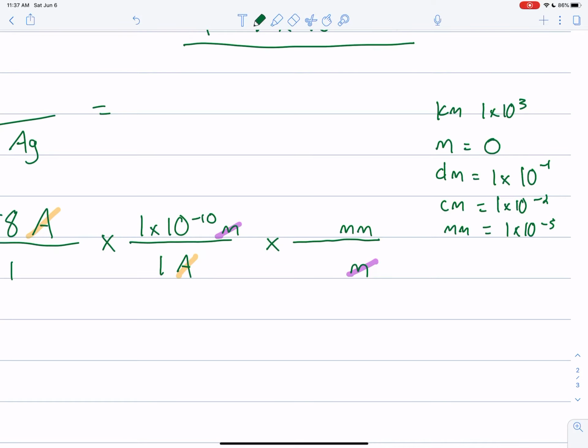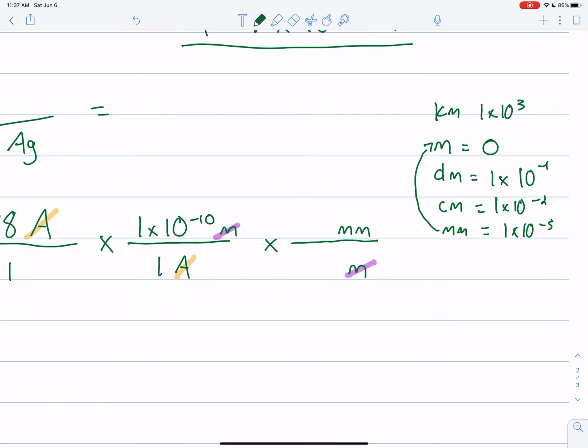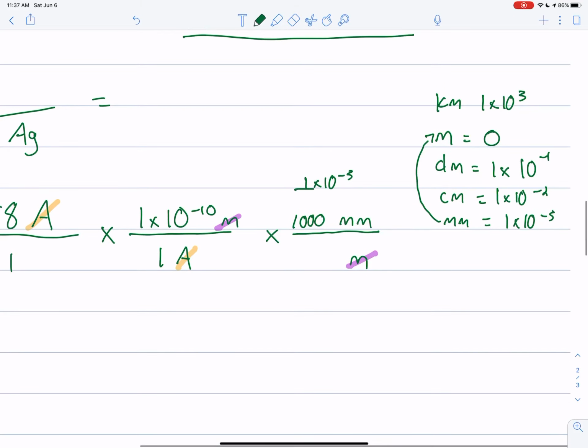We know that from a smaller unit to a larger unit, 1,000 millimeters, or you could write it 1 times 10 to the negative 3, but we're going with 1,000 millimeters over 1 meter.